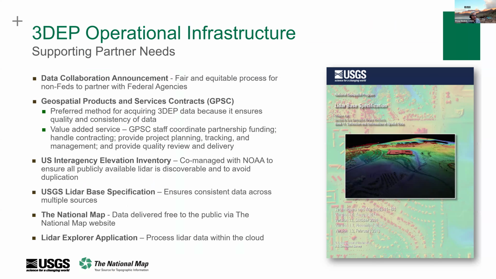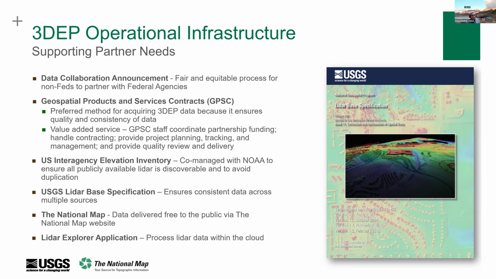What we brought to the table was an operational infrastructure, allowing us to work with folks on these projects. We have the data collaboration, more on that in a second. We have the geospatial products and services contract, so these are contractors who are pre-approved to make the products that we need, both elevation data and hydrography data.